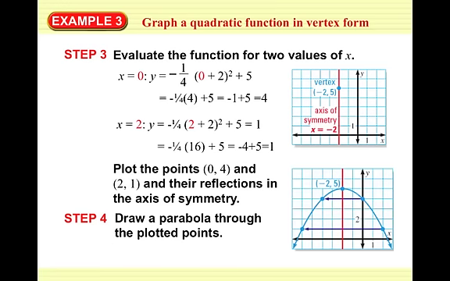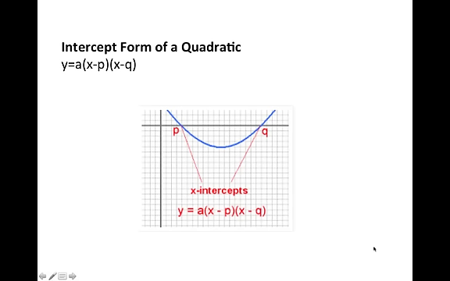So we're going to draw a parabola through the plotted points. So here's (0, 4). We reflect across the axis of symmetry to this point here, that's (-4, 4). And then down here we have (2, 1), and we mirror it across our axis of symmetry to get another point, and then we draw in our parabola.